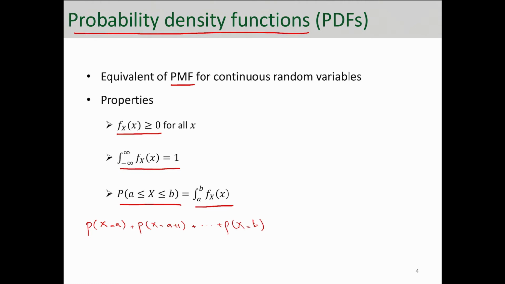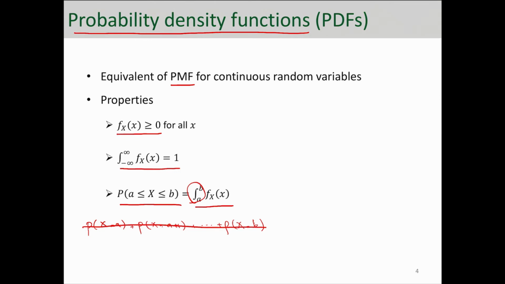This was the case in discrete distributions, because between a and a plus 1, there is no other possibility. But in continuous, you cannot do that. So what you do is integrate from a to b, because there are an uncountable number of possibilities between a and b, so you've got to integrate.